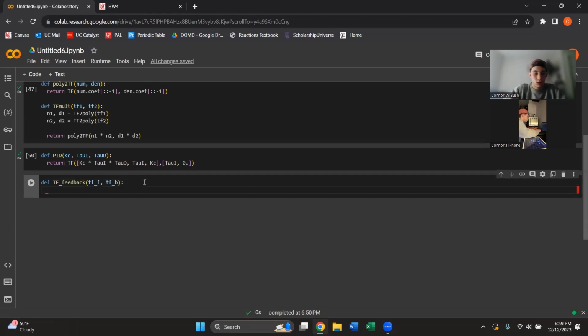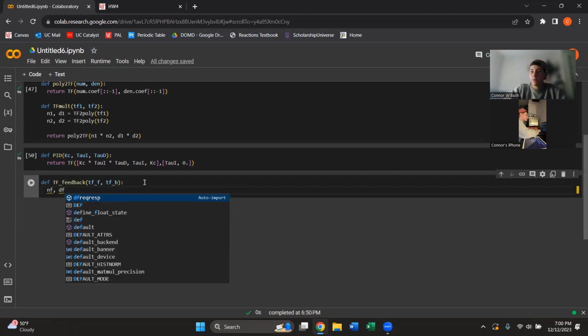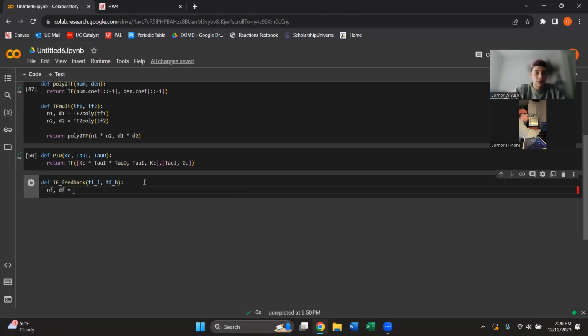So the numerator forward and then the denominator forward, the nomenclature we were using on our iPad here, is going to come from the transfer function. We want to go to a polynomial for ease of performing all of these things.